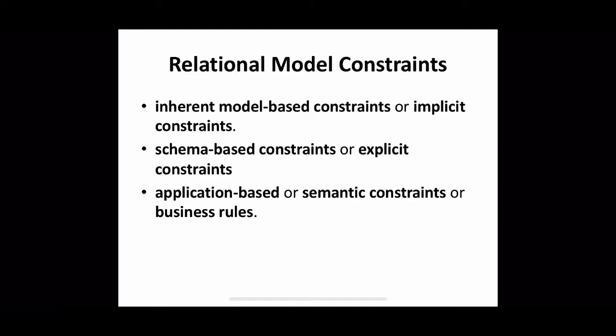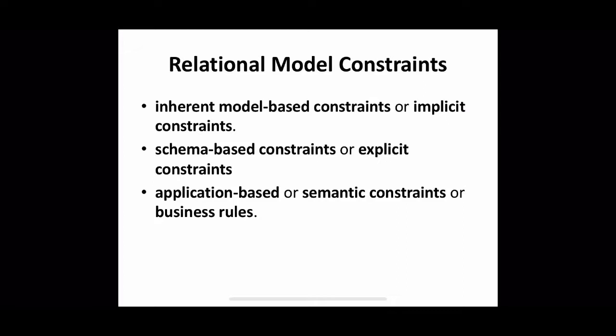And the second one, that is schema-based constraints or explicit constraints, is our major concern. These are constraints that can be directly expressed in schemas of the data model. Typically we can specify those schema-based constraints using the DDL, data definition language. So such constraints are mainly focused here.